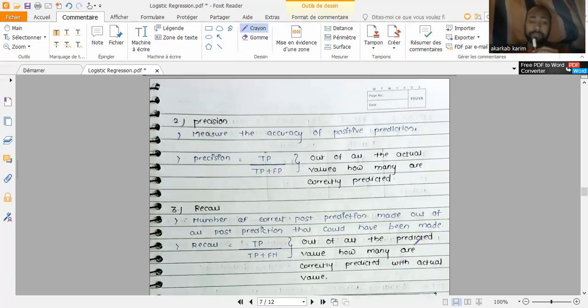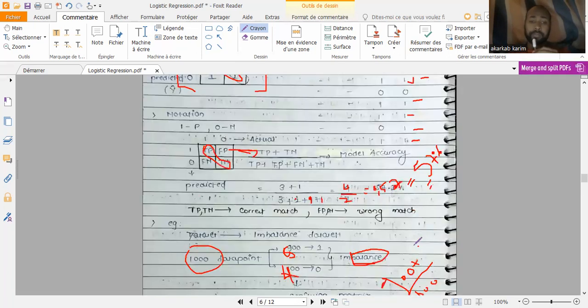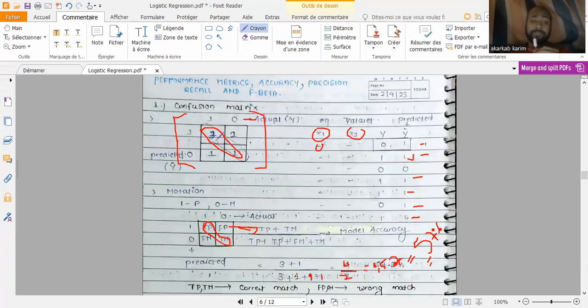Here we consider the matrix with a small example. The recall is here because the formula of recall is true positive divided by true positive plus false negative. That means out of all this predicted value, because this part is predicted values, how much is correctly predicted?